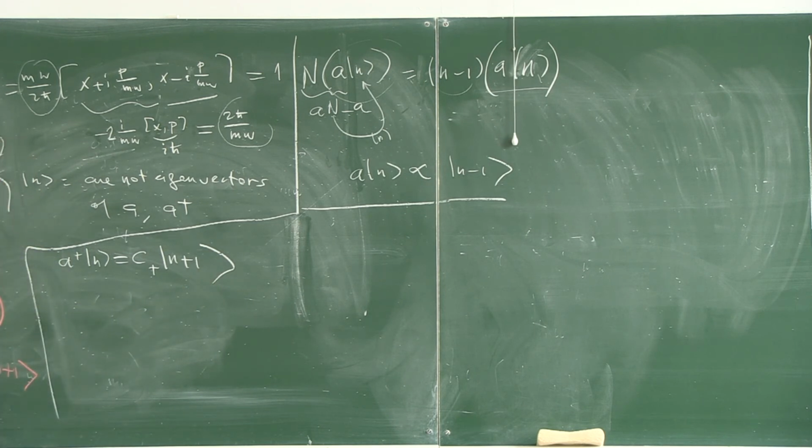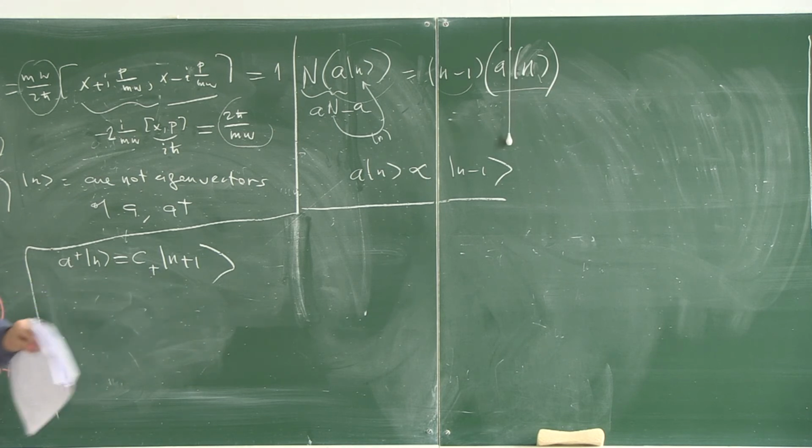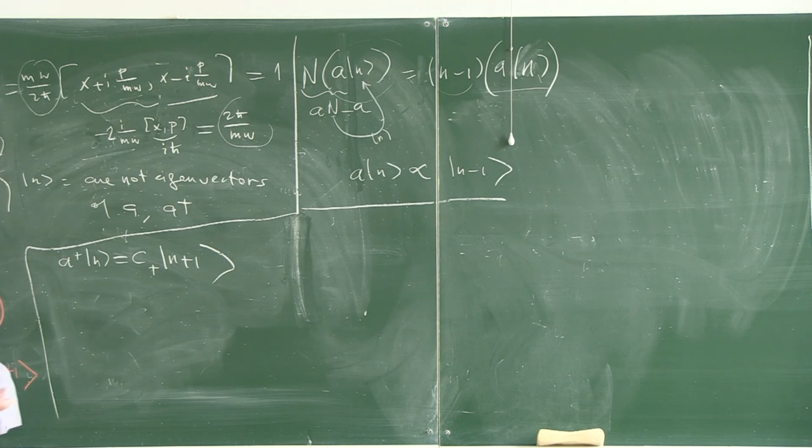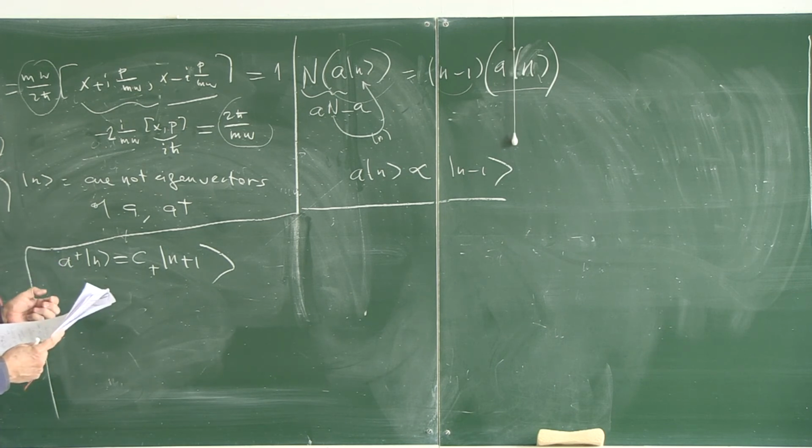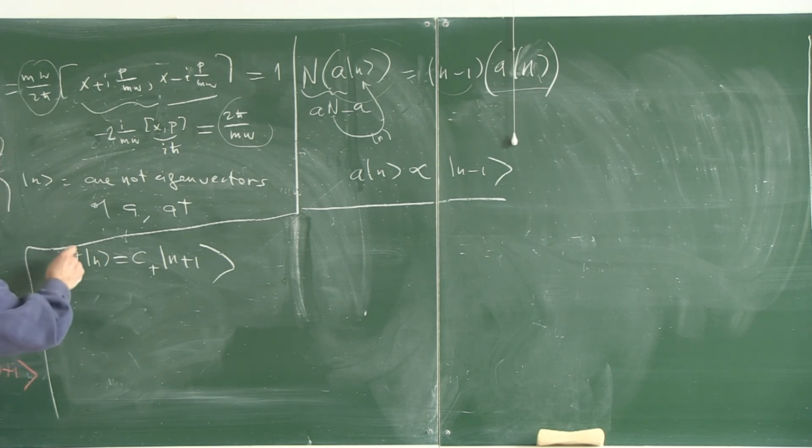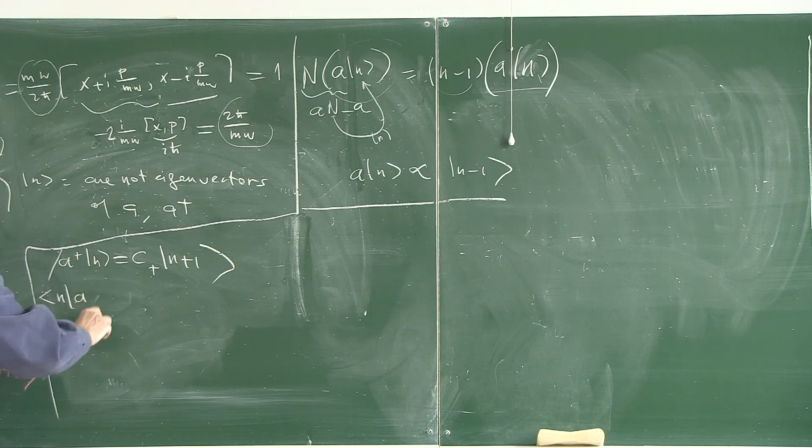I put the constant in, therefore if it has lost its original normalization, this is to compensate against that loss of normalization. How do I determine the C plus? I just consider the inner product of this with itself, that is, I project this on <n|A.